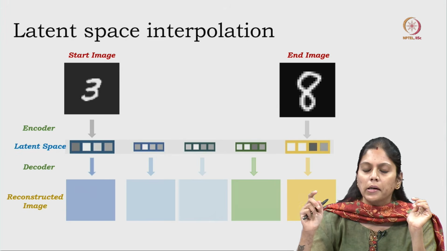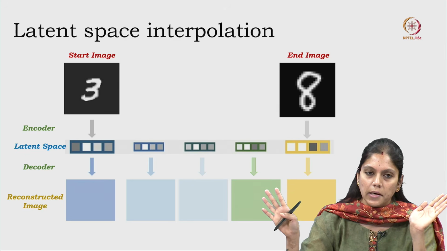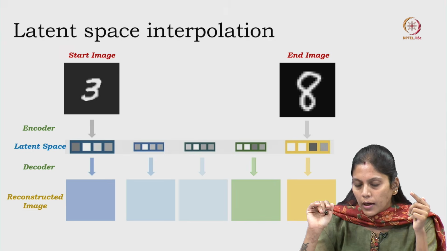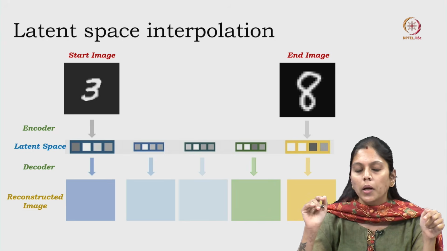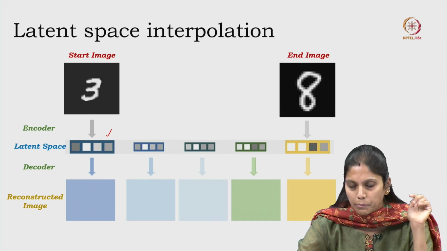And the latent space cannot be a single number, it will be a vector, as we have already seen. So, when an input 3 is passed to an encoder, the encoder gives this particular latent space.